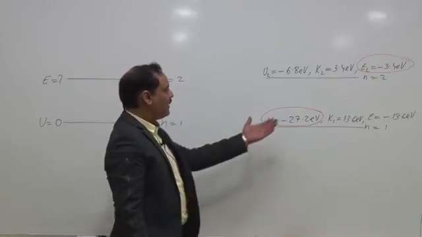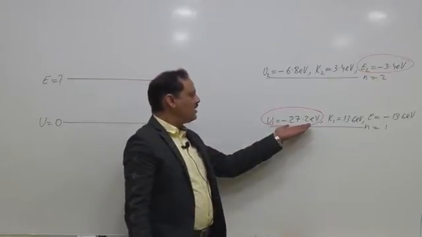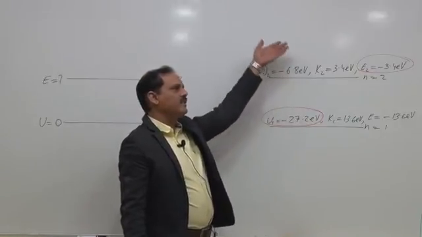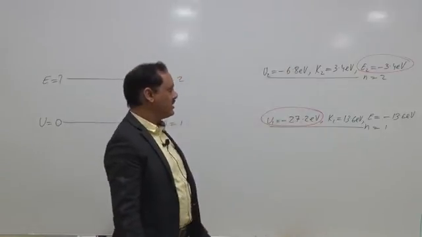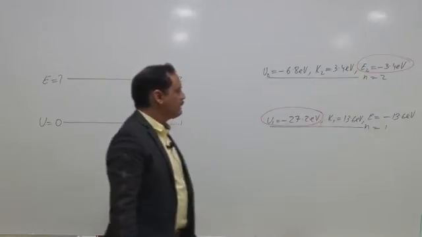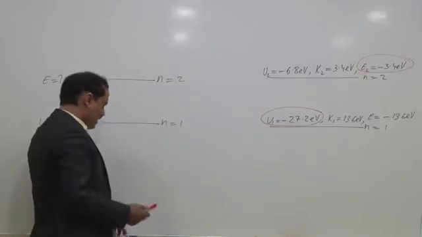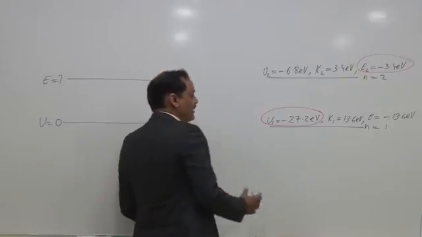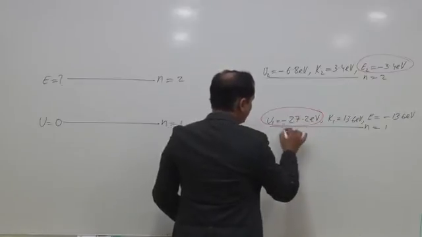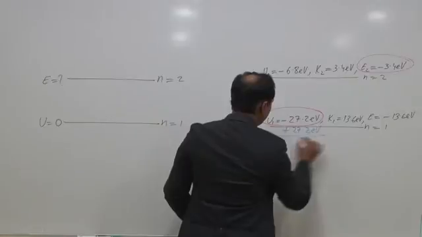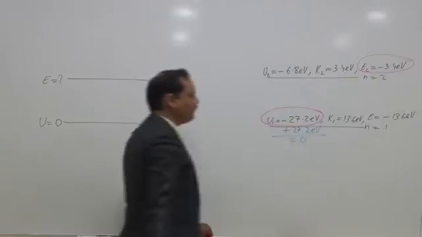Similarly, if I increase the potential energy of the ground state, the potential energy of the first excited state, second excited state, everyone will increase, but that is not going to change the kinetic energy. So, if potential energy in the ground state is made 0, how is it made 0? We can make it 0 by adding 27.2 electron volt of energy, then it will become 0.